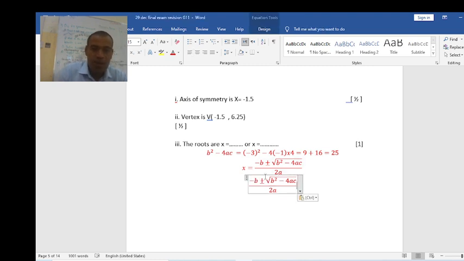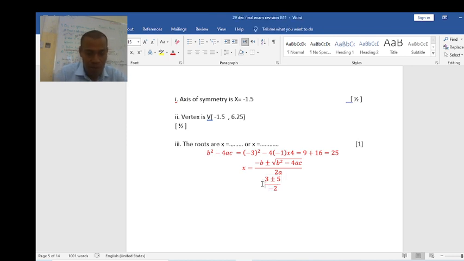x is equal to 3, because b is negative 3, plus the square root of 25, which is 5, divided by 2 multiplied by minus 1, which is minus 2. Now we have to find the first value.